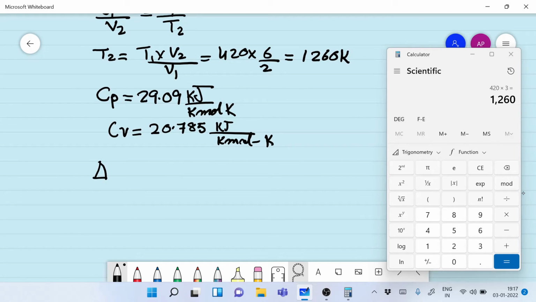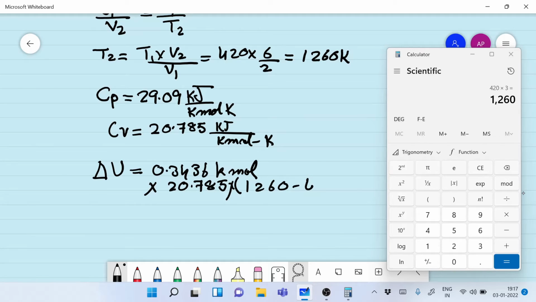Therefore, delta U, the change in internal energy for the gas, is going to be 0.3436 kilomole of gas into the Cv for the gas, 20.785, into the change in temperature, that's 1260 minus 420.